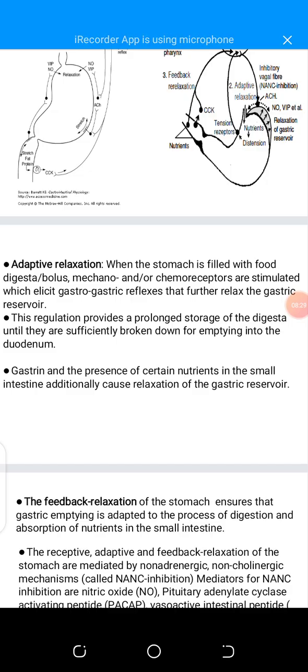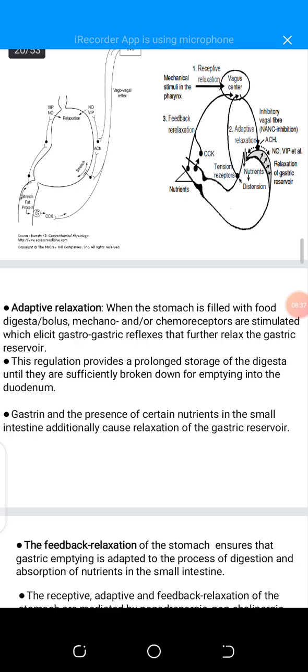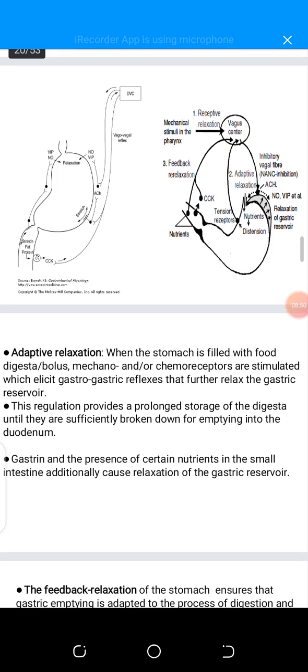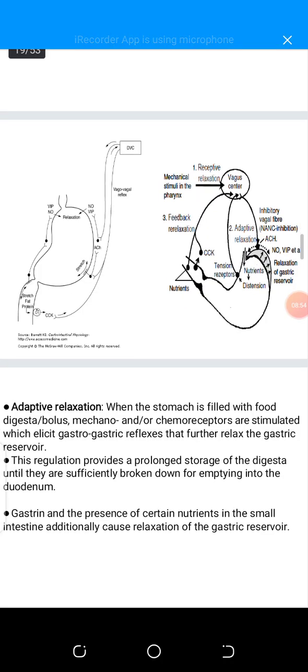It's also a reflex that has its efferent and afferent limbs within the vagus nerve. This reflex causes further relaxation of the gastric reservoir in addition to the receptive relaxation.